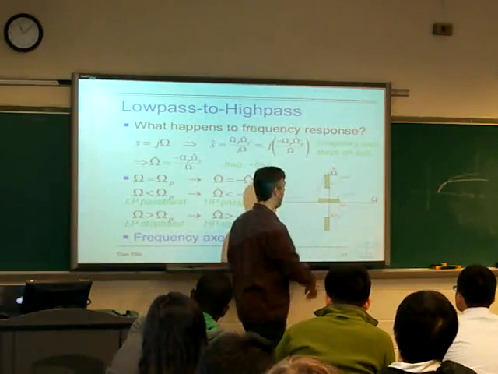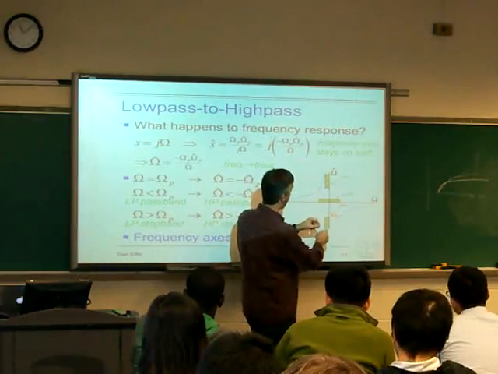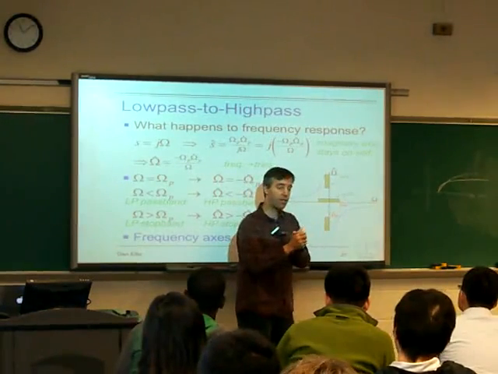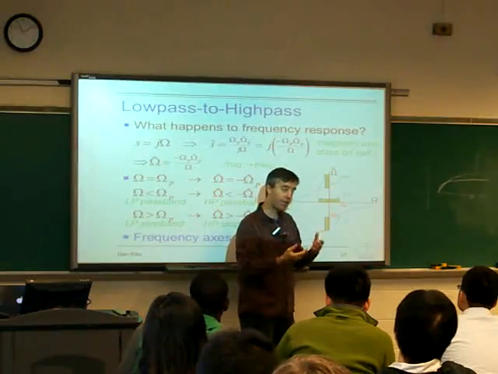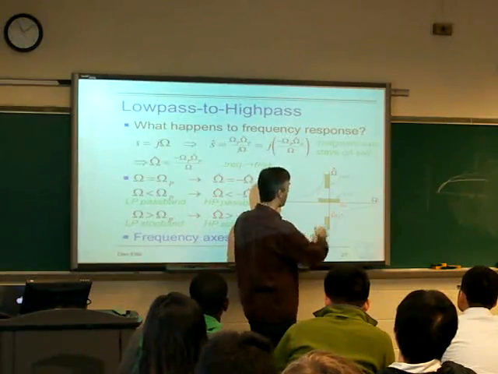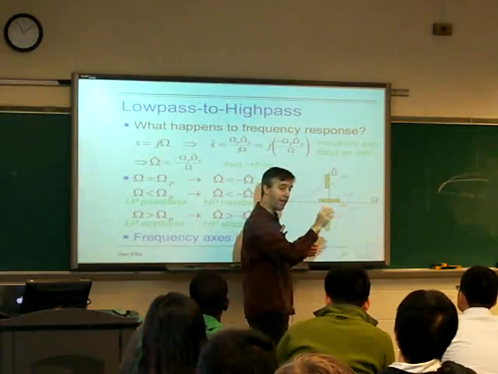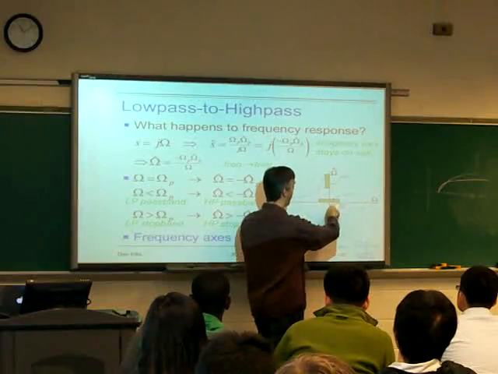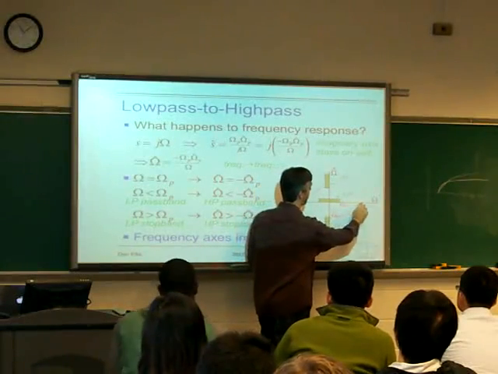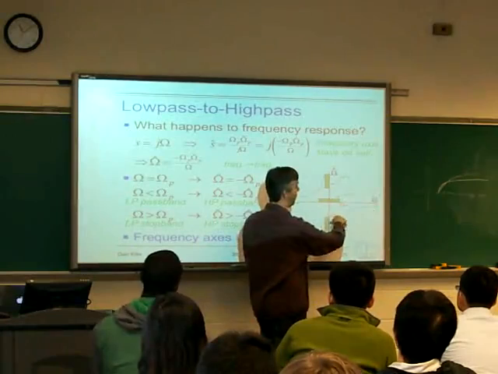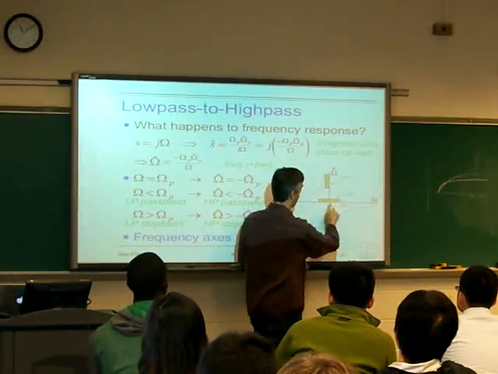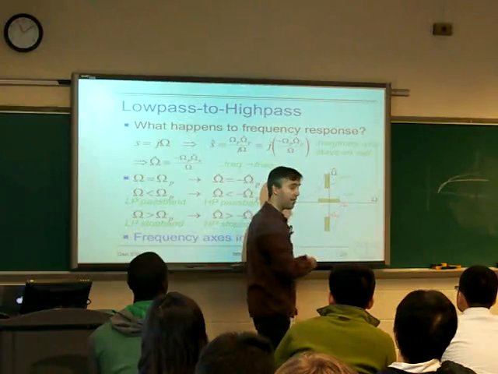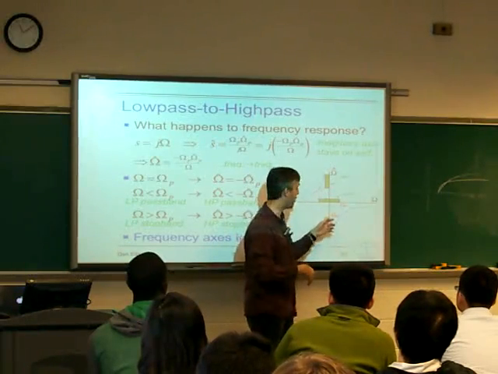These green bars here. And so every point on the frequency response of the transformed function corresponds to a particular gain, a particular phase on the frequency response of the low-pass filter. But now all these points, which used to be the higher frequencies, which were the stop band, get mapped to these lower frequencies, these frequencies towards zero. So now the stop band is from 0 to omega p.